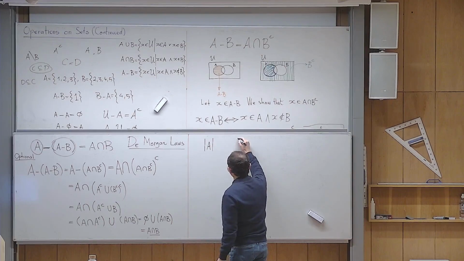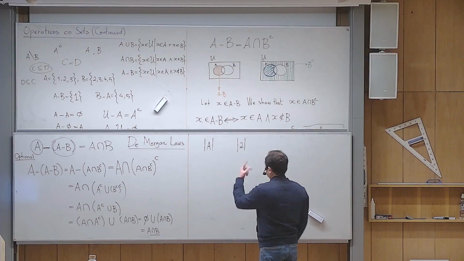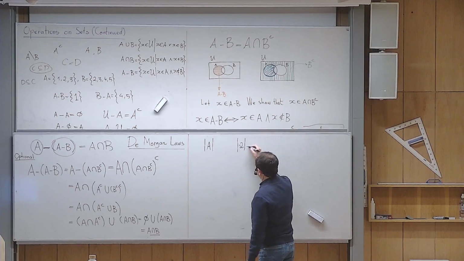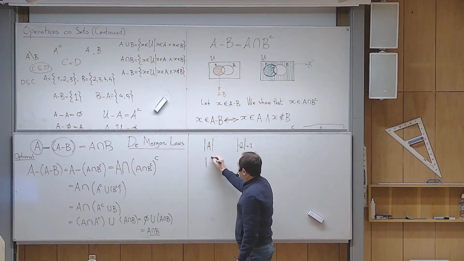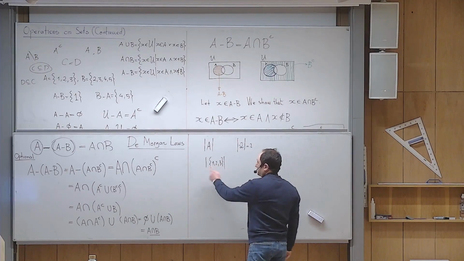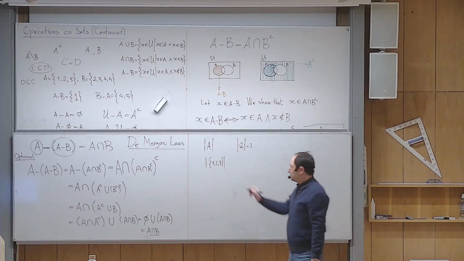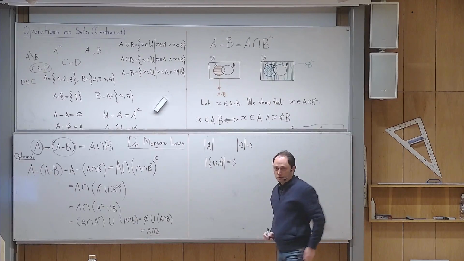But if I have absolute value of 2, it is clear that I am talking about a number. So absolute value of minus 2 is 2. But if I write absolute value of {1, 2, 3}, I do not mean absolute value. What I mean is the cardinality of this set, which is the number of elements in that set, which becomes 3.